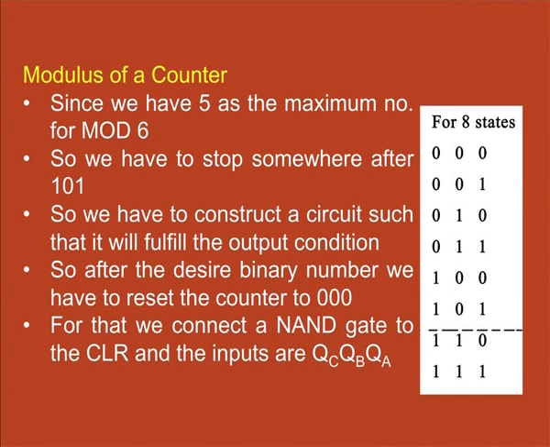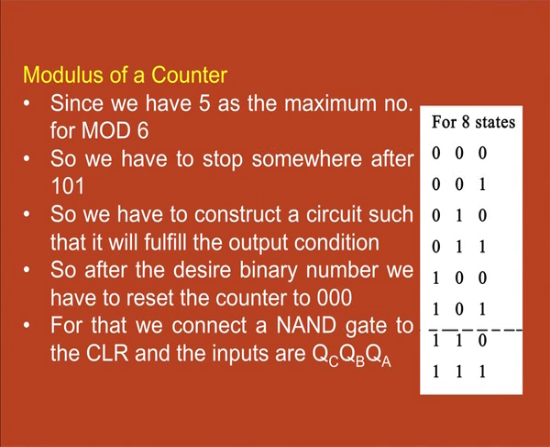Now, since we have 5 as the maximum number for mod 6, we have to stop somewhere after 101, because 101 represents the binary representation of the decimal number 5, and so we have to construct a circuit such that it will fulfill the output condition.